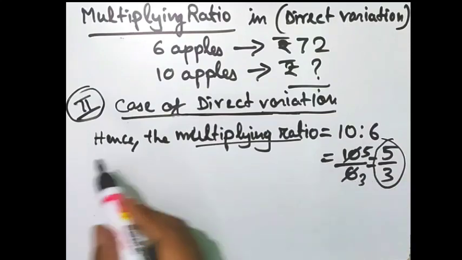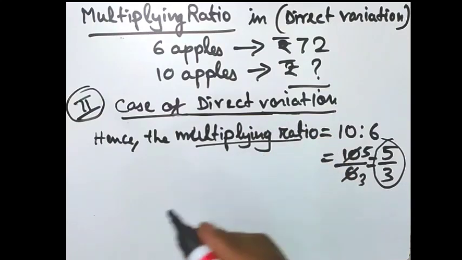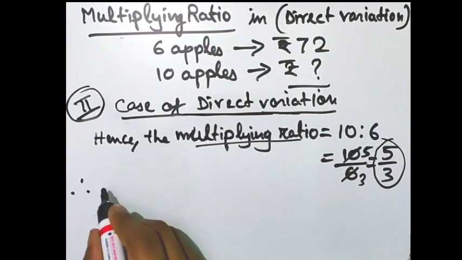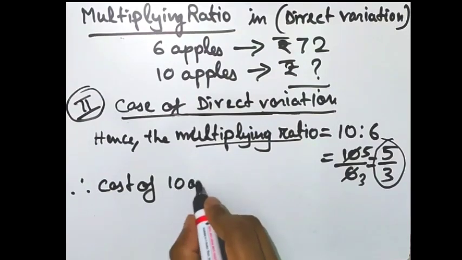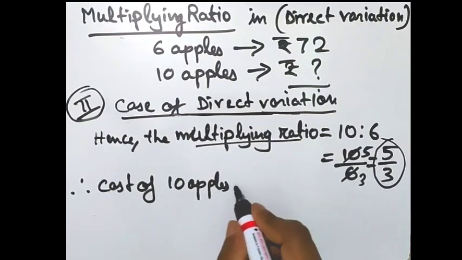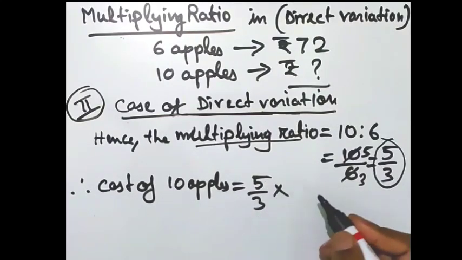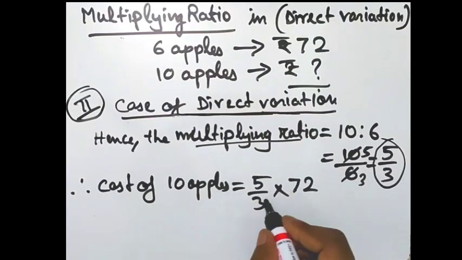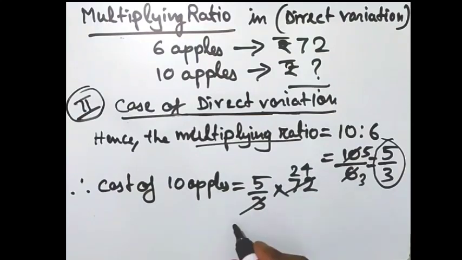Now after finding the multiplying ratio, you can solve the question. So therefore the cost of 10 apples will be equal to 5 by 3 multiplied by 72. 3 times 24 will give us 72, and 5 times 24 is 120.